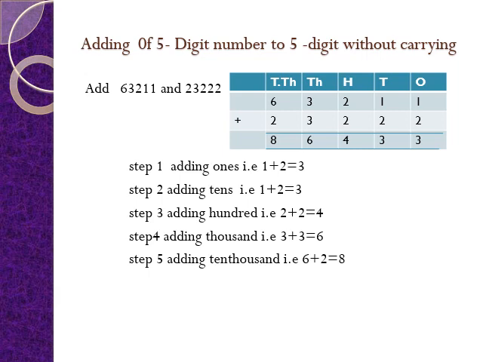In the ones place there is 1 plus 2, 3. Then tens place 1 plus 2, 3. Hundred place 2 plus 2, 4. Thousand place 3 plus 3, 6. And in the 10,000 place 6 plus 2, 8. So our answer is 86,433.